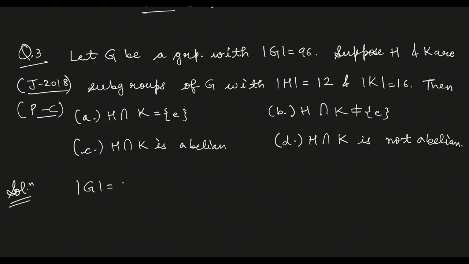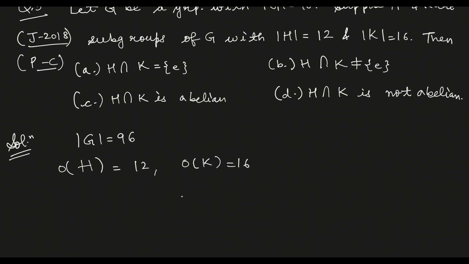ऑर्डर ऑफ ग्रुप G is 96. पहले abelian बता रही हूँ, उसके बाद बताती हूँ कि आइडेंटिटी क्यों नहीं होगा. So order of H is 12, order of K is 16. So H intersection K is a subgroup of H also and K also.